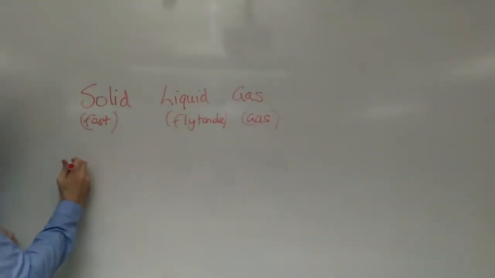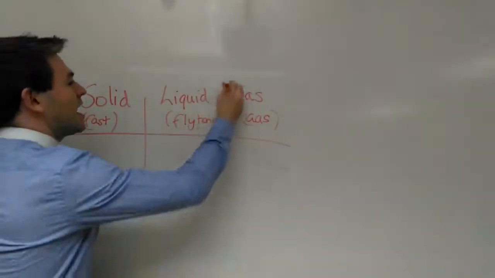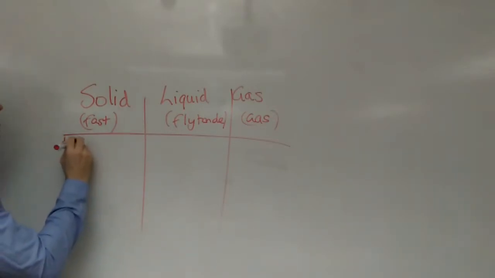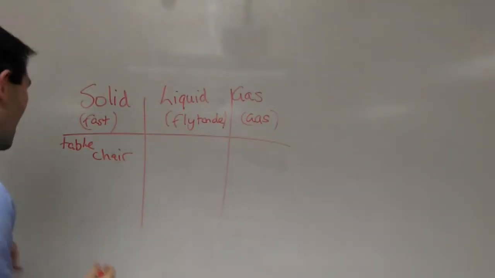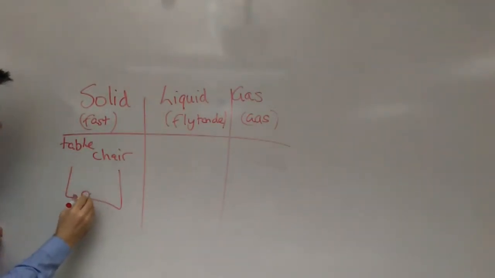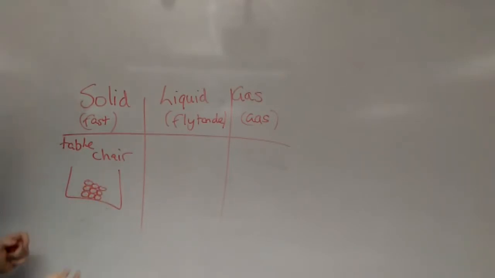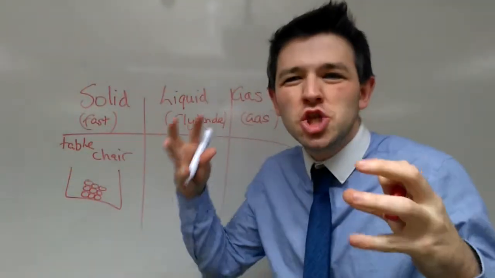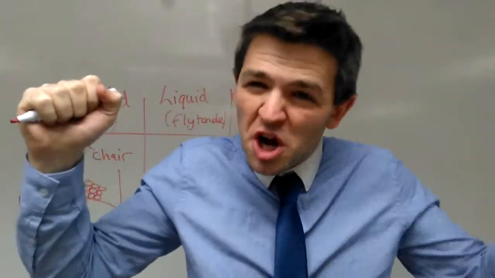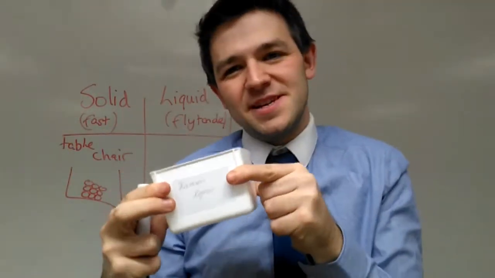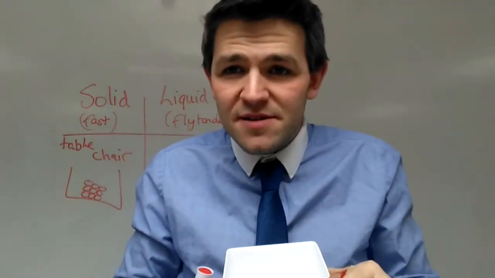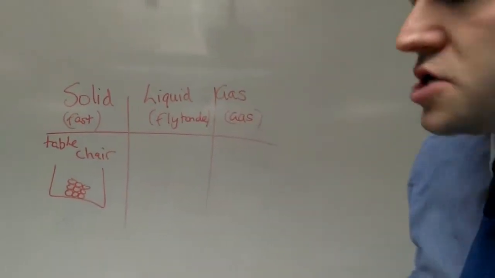So I can think about things like table, chair, books, different examples. And if I draw a solid, here are the particles, and they're always touching each other. They're stuck together. I can't take this atom and rip it out and move it to the other side. It's stuck with all the other atoms next to it. They stay together. And that's what a solid does there.